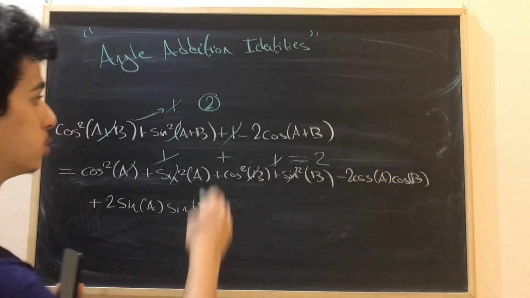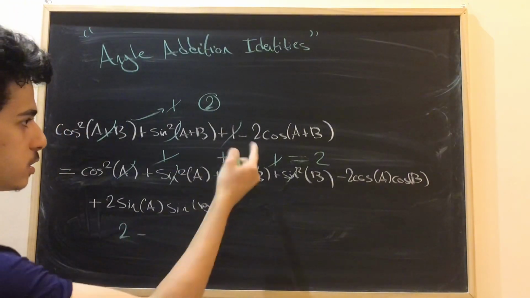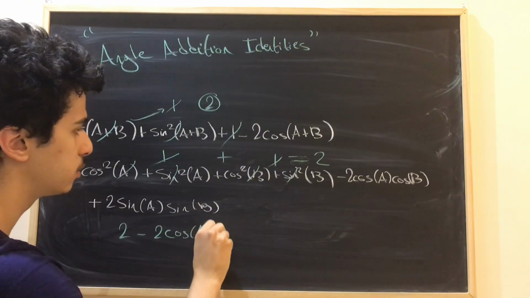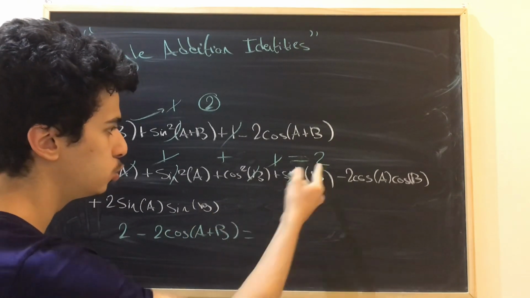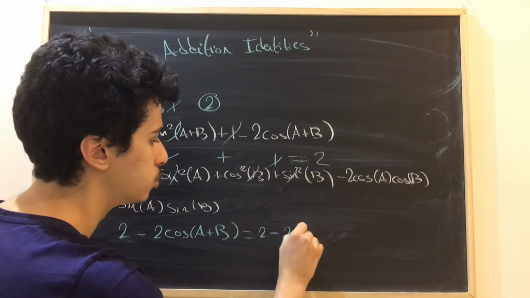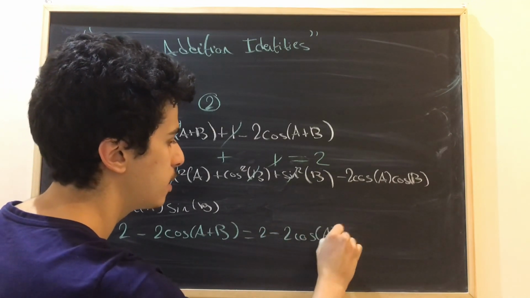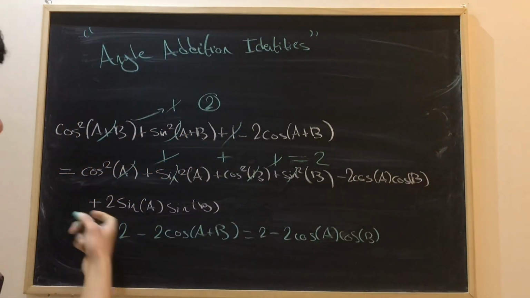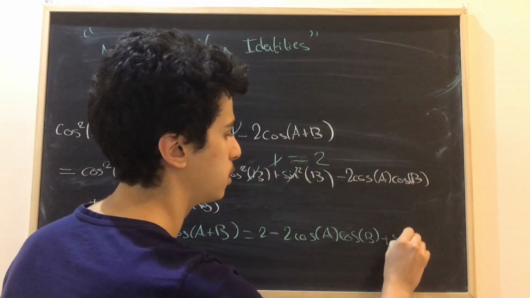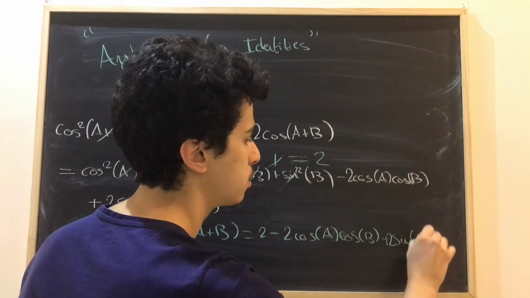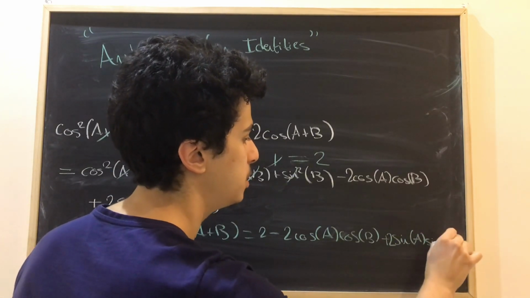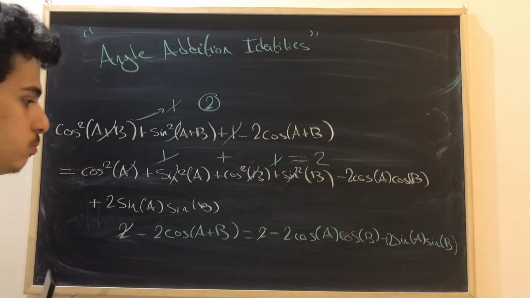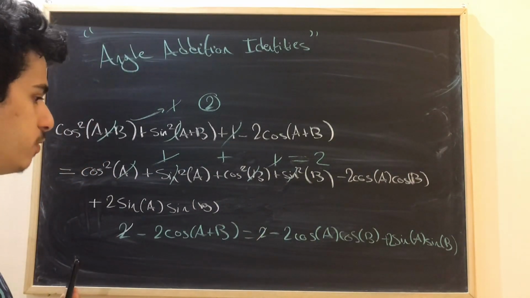Okay, let's write this down. So 2 minus 2 cosine (A plus B) is equal to 2 minus 2 cosine A cosine B plus 2 sine A sine B. Very nice. First, we'll cancel these two 2's, and then we'll divide by negative 2.